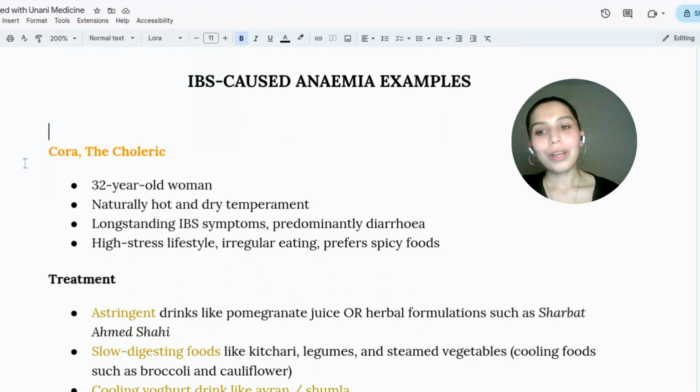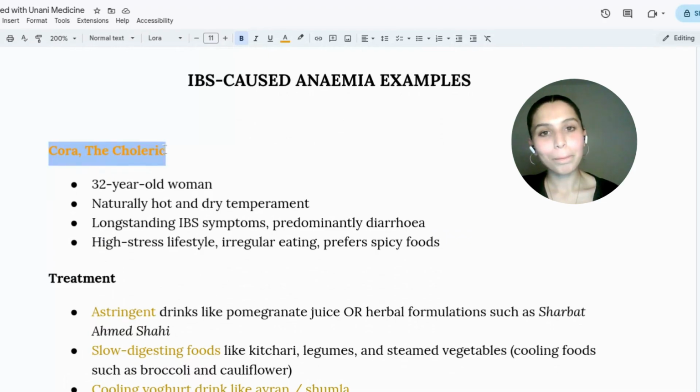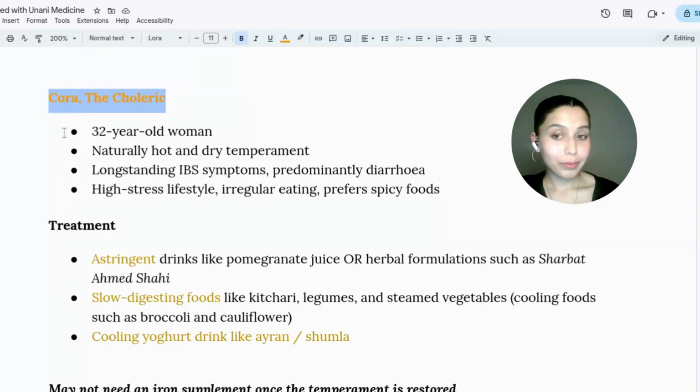Okay, now we have an example of Cora the choleric. She has IBS. She's a 32-year-old woman, and her natural temperament is very hot and very dry. So that's her natural temperament. When she is hot and when she is dry, she is in a perfect state of health.